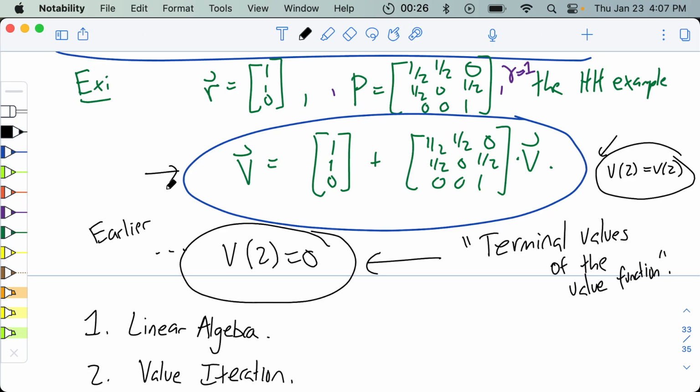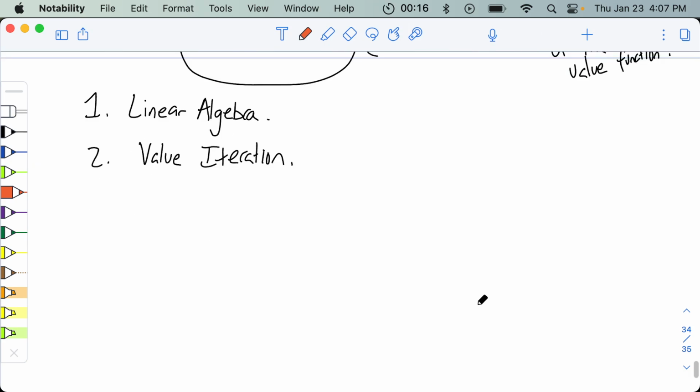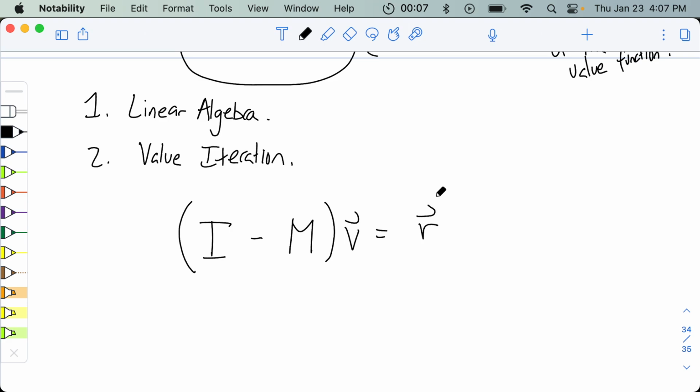So V equals R plus MV. And the thing that is a little bit annoying is when you move this thing to the other side of the system, then you're going to get something like this: identity matrix minus M times V equals R, where M is the probability transition matrix.